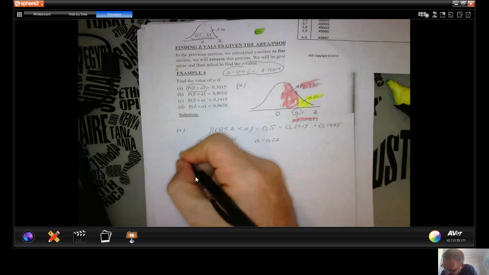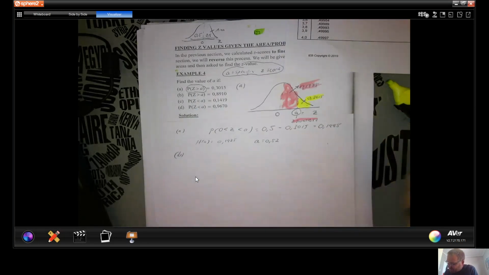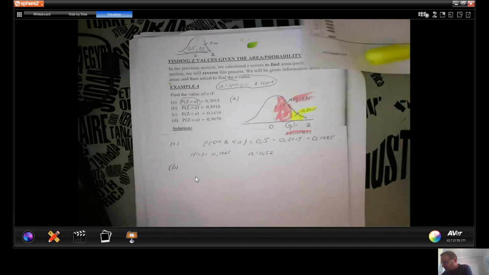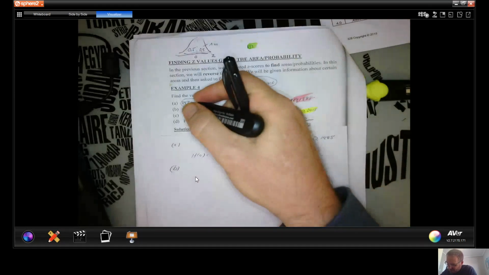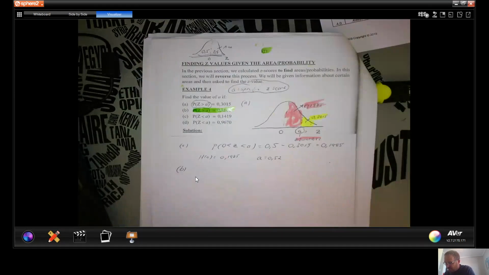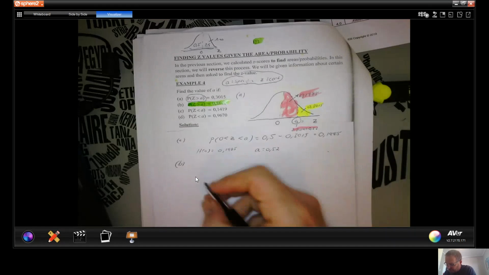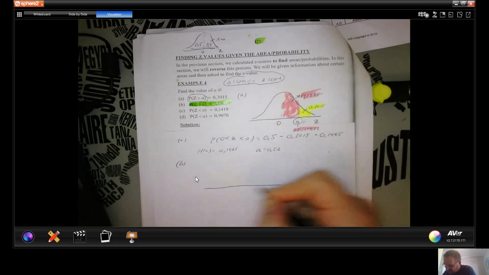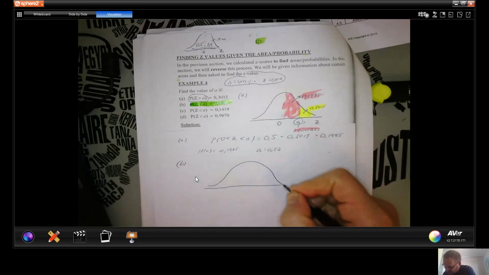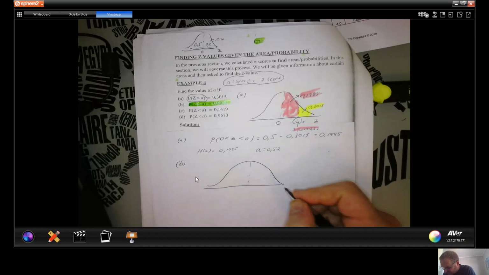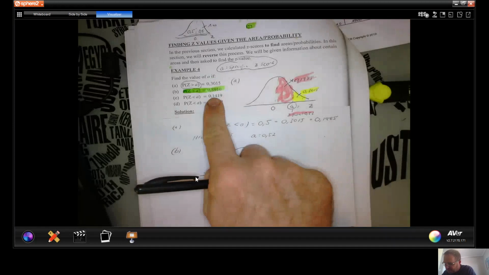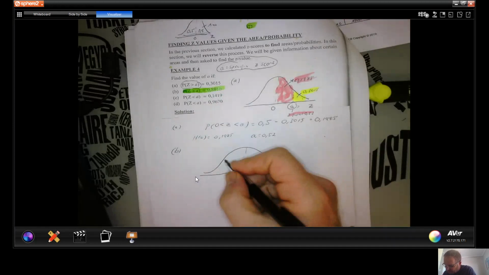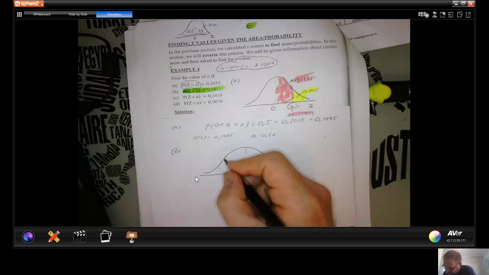Right, B. We need to draw the picture for B. So B says, what is the probability that Z is greater than A, that the area after A will be 0.8910. Let's think about this. I want my area that's bigger than A. We're working with just Z scores. Mu is 0. So this whole area is 1.